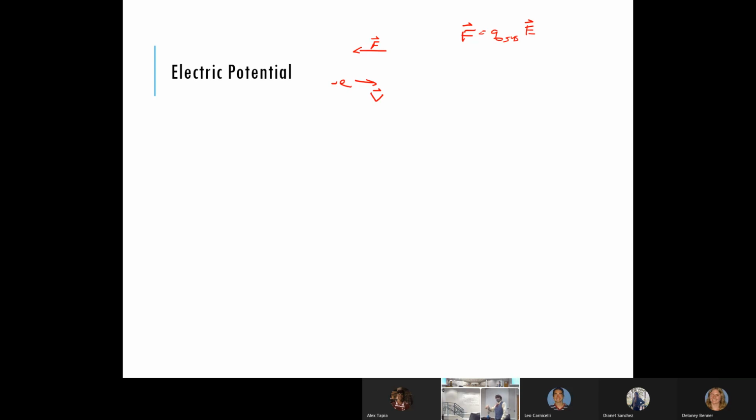Parallel or anti-parallel to the force? Parallel. In other words, if the system were positive, the force and the electric field would be in the same direction, parallel.